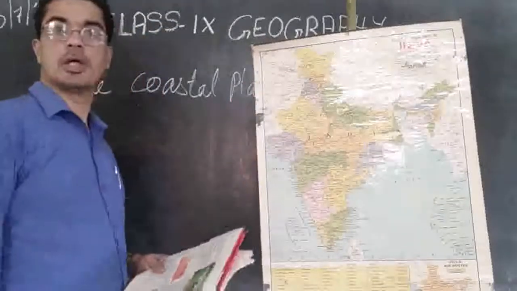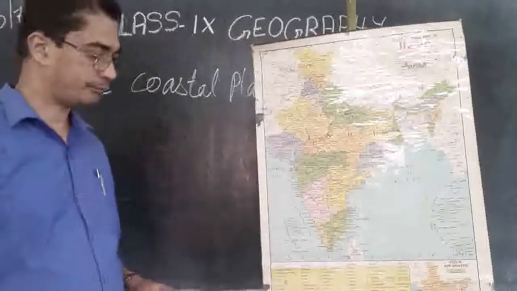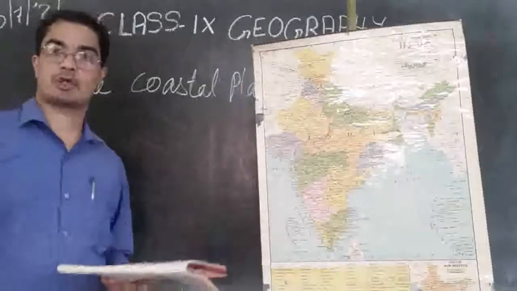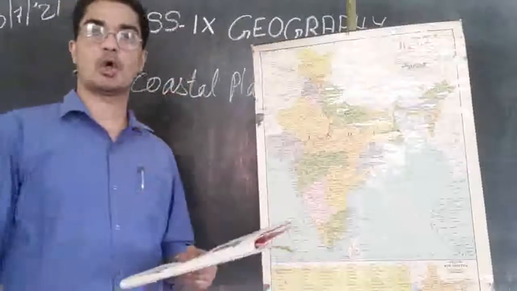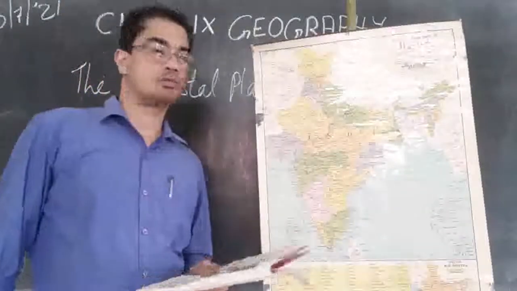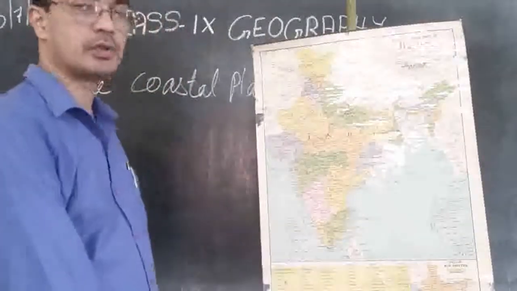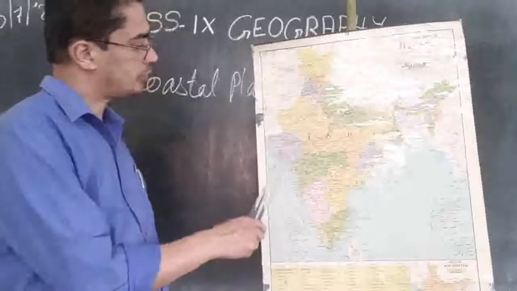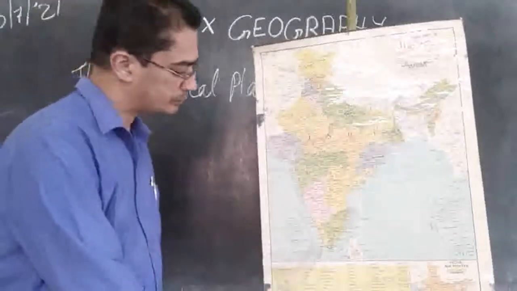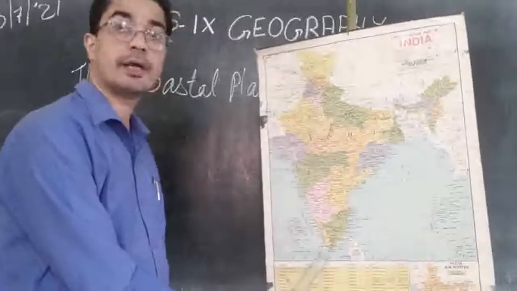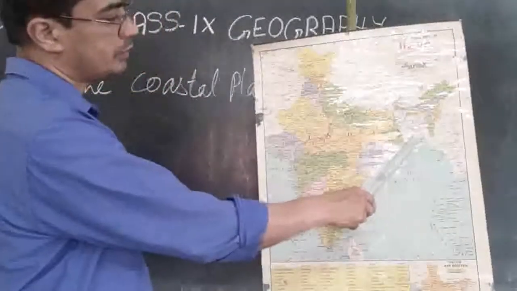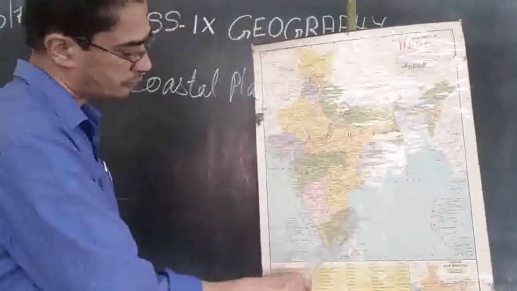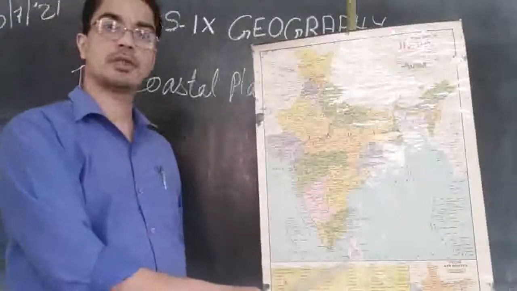So we have the coastal plains, and from the name itself we can understand it will be near the ocean. We have coastal areas on both sides of India. From Gujarat to Kerala, we have the coastal plain, and from West Bengal to Tamil Nadu, we have the coastal plain.